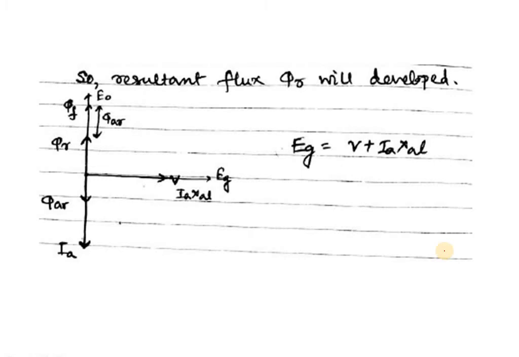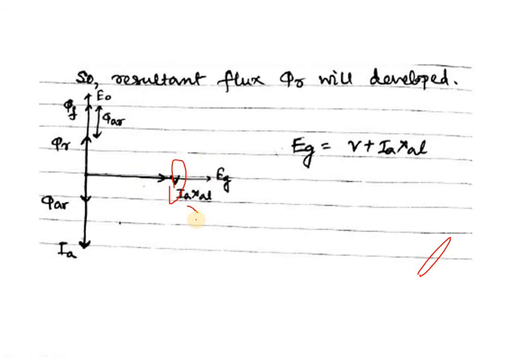It is seen that the terminal phase voltage V, the armature reactance voltage drop IAXAL, and the generated voltage EG are all in the same phase.